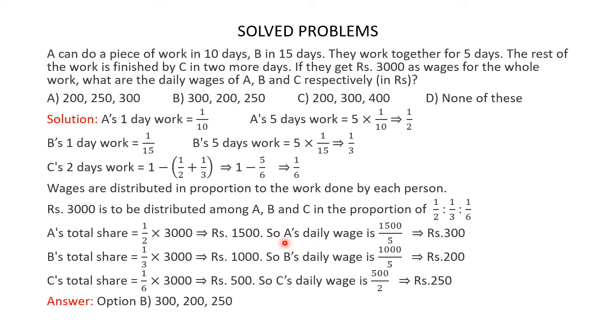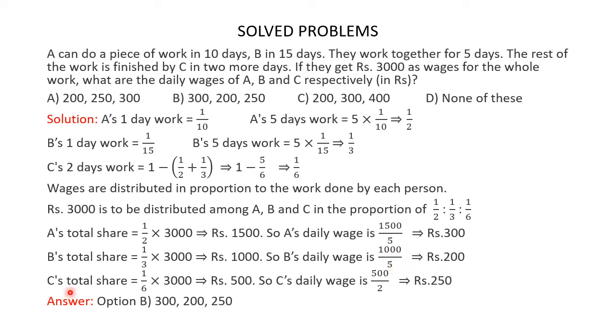So A's daily wage is 1500 divided by 5 which is rupees 300. Now B's total share is 1 by 3 multiplied by 3000 which is rupees 1000. B also worked for 5 days. So B's daily wage is 1000 divided by 5 which is rupees 200.